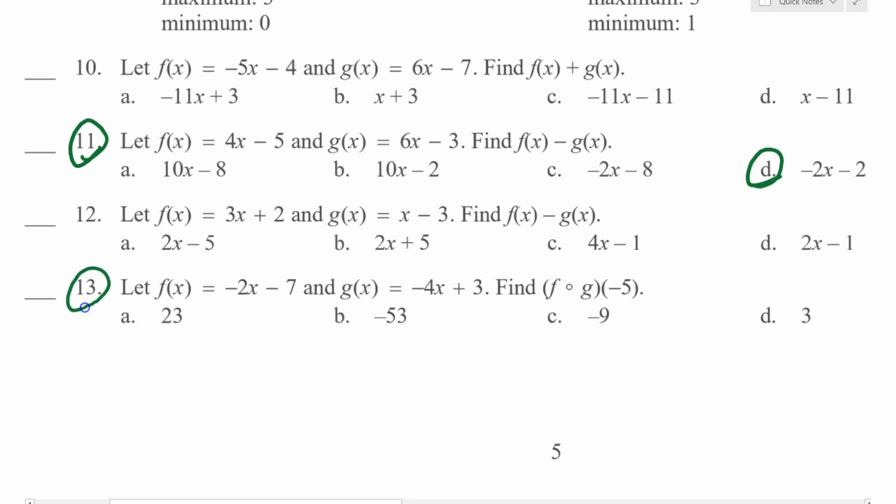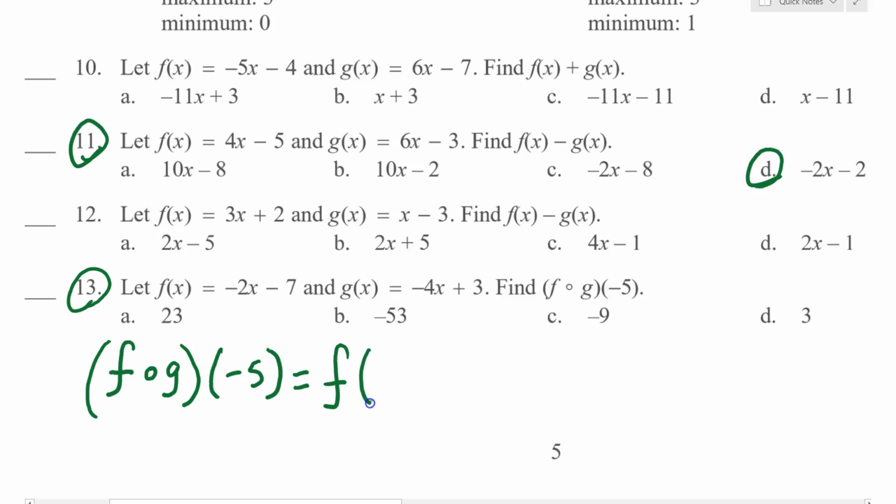13 has to do with composition. We have F, and then we have a circle. Then we have G, that means composition of negative 5. So we have F, composition, G of negative 5.